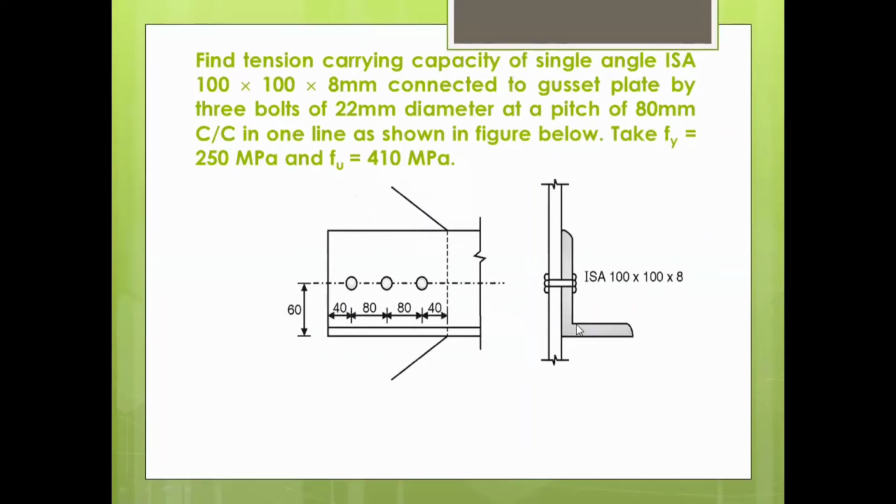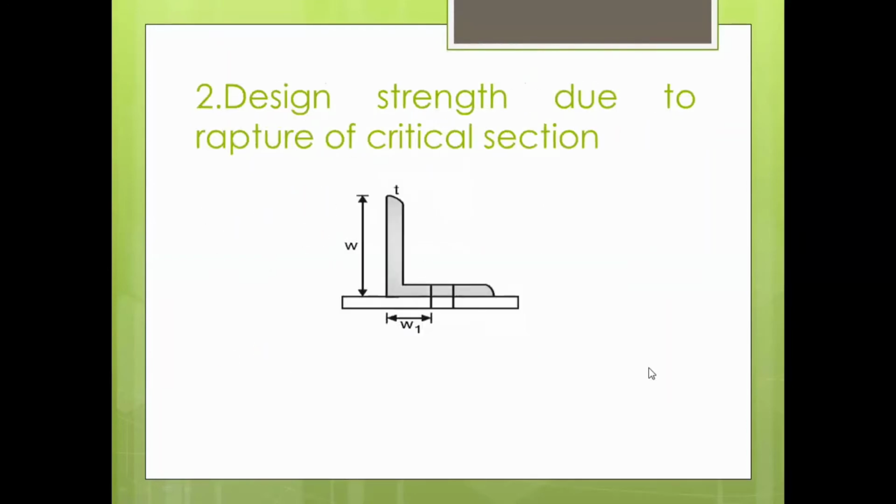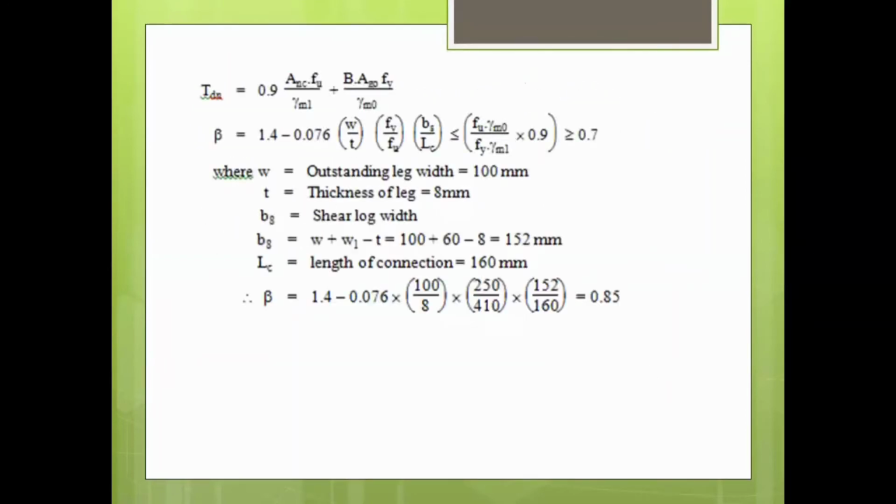Let us come to that step. W1 comes to be 60 minus 8. 8 is the thickness of the section. So 100 plus 60 minus 8. This complete area will be under shear. Then the length of the connection is 160 mm. How is it calculated?